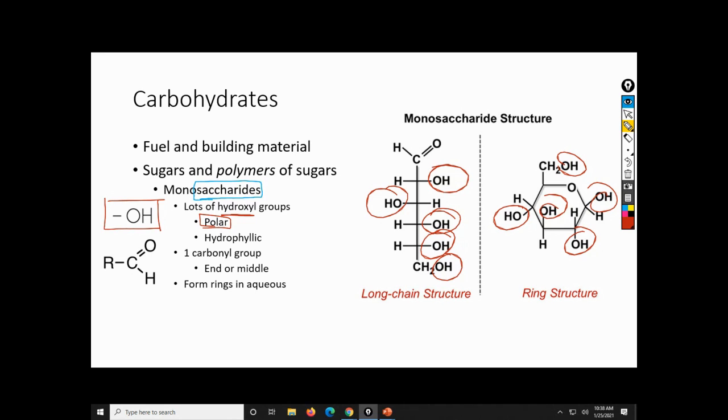Things with a lot of oxygen are also hydrophilic. So when you're polar, this is referring to our oxygen here.